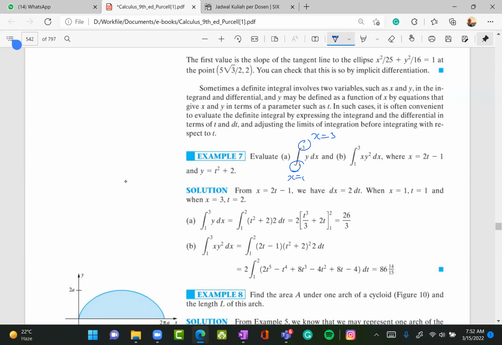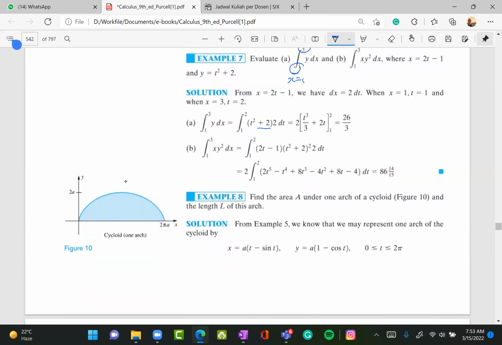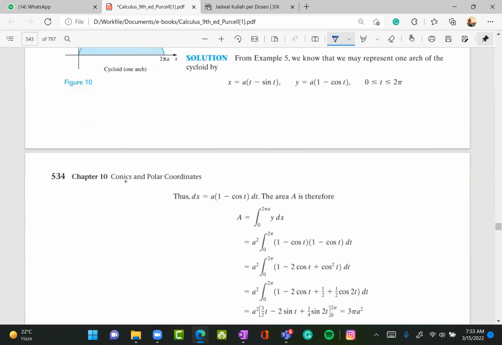Now in terms of t, when x equals 1, t equals 1. When x equals 3, t is 2. So now the bounds for the integral become from 1 to 2. This is y, and dx is just 2 dt. So let's do this one. Again, same thing here. Okay, questions?